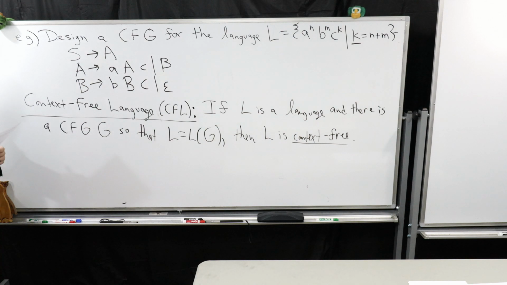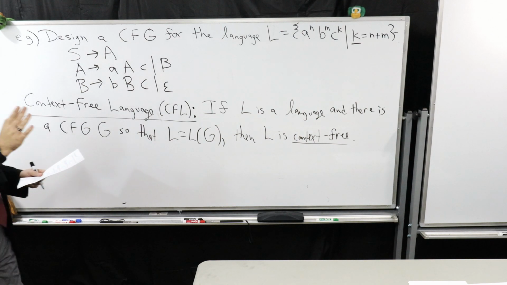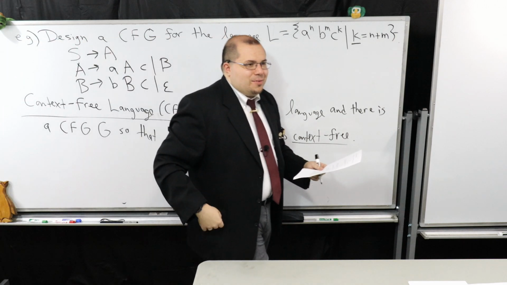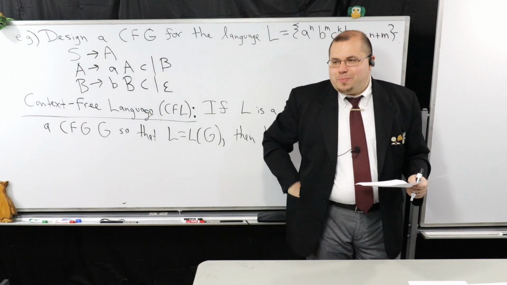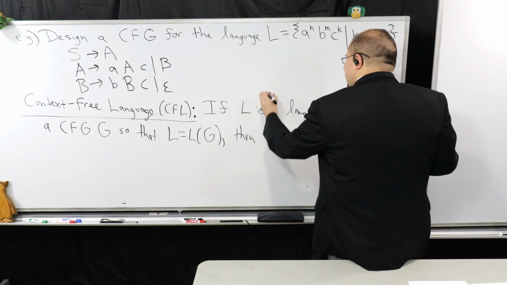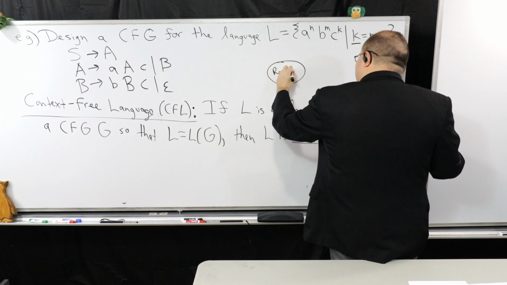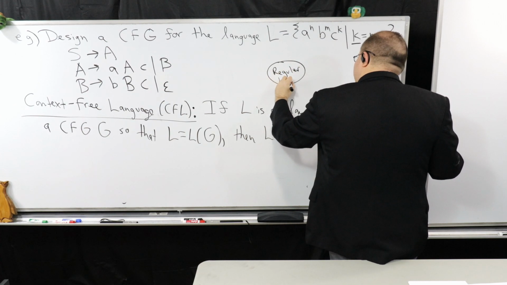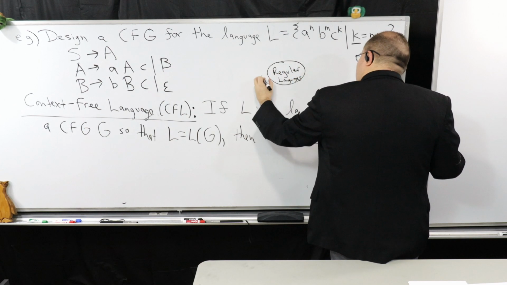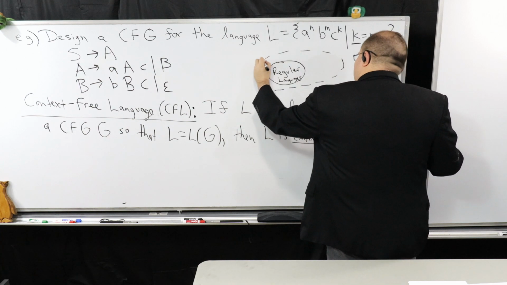So I want to really come back to one thing I sort of implied, but I never actually proved it to you. Now, you may recall I drew you a picture that looked something like this. So I told you that, okay, I have the regular languages. And then I said, oh, there's this other box right here.